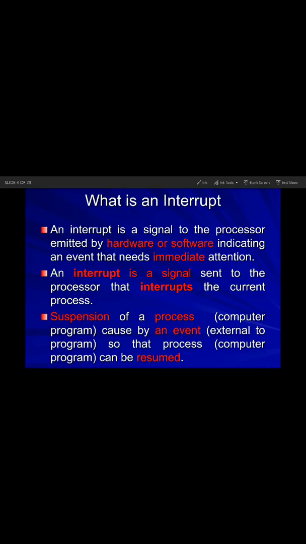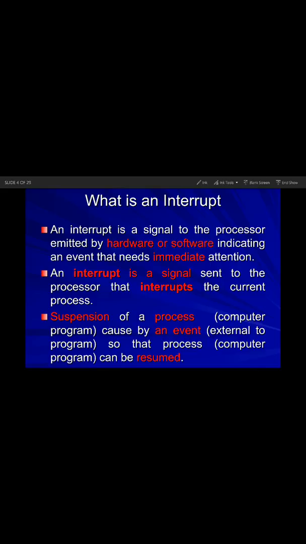Definition number two is: an interrupt is a signal sent to the processor that interrupts the current process. Now, definition number two states that the processor is doing its job. It's executing a process, and another process which was running behind needs the attention of the CPU. It needs the CPU time. So it will interrupt the ongoing process.